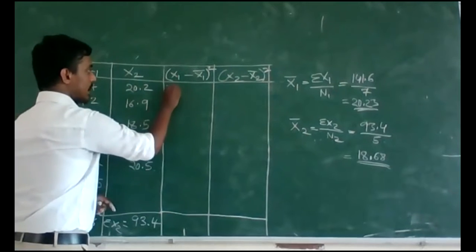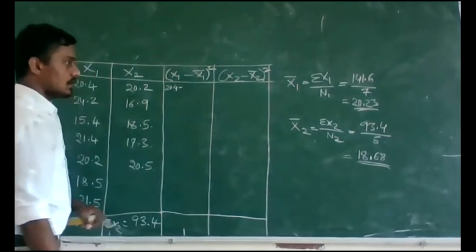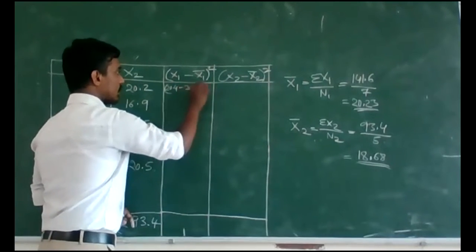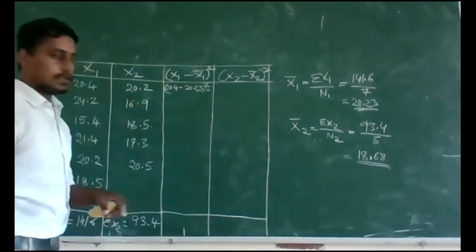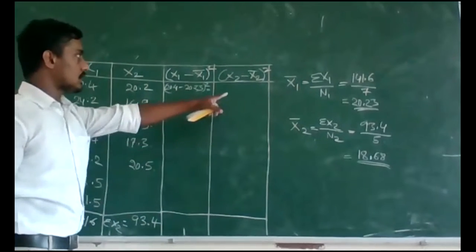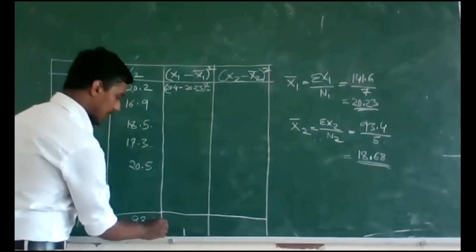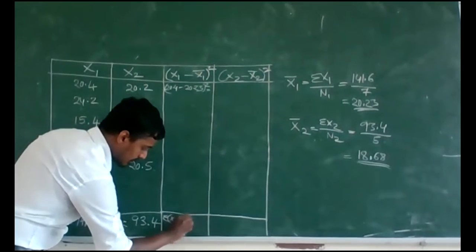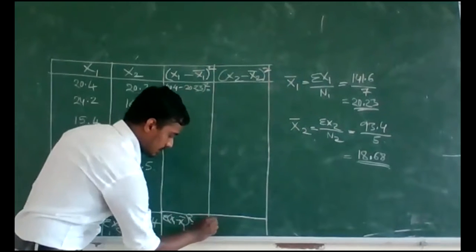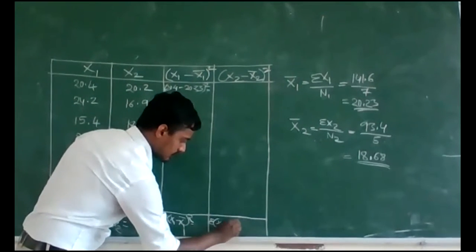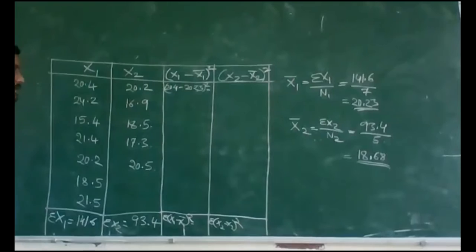First one is 20.4 minus 20.23 whole square. Likewise, find out for all values and for this one also, and tell me the final answer, that is summation of x1 minus x1 bar whole square.